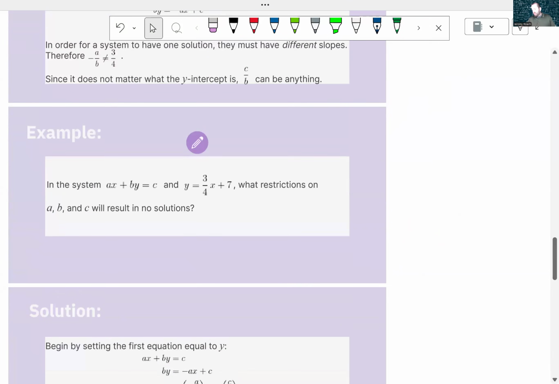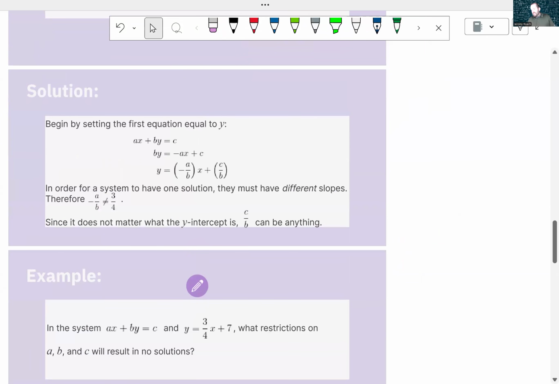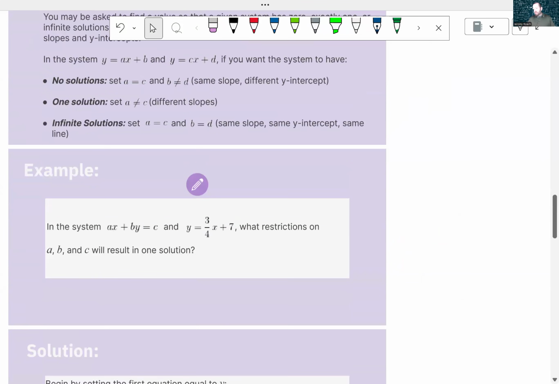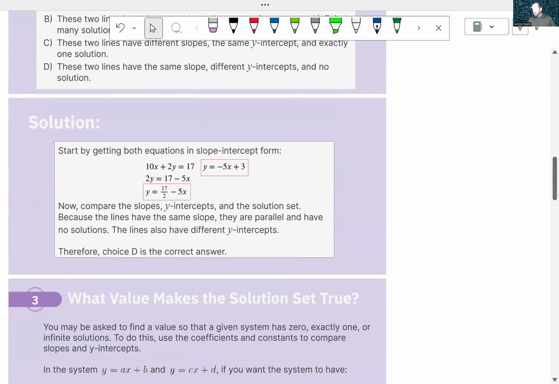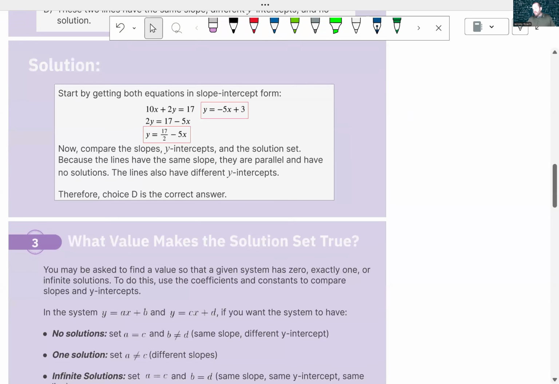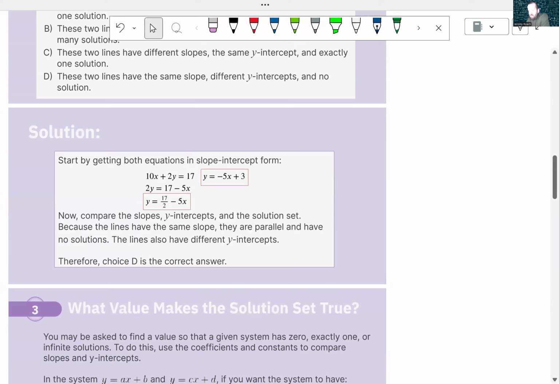So the rest of this stuff, it's good information to know, but I think it's a little bit much to be memorizing for the SAT. It has to do with how we can determine slope and the amount of solutions. So one more thing about the slope and the solutions.